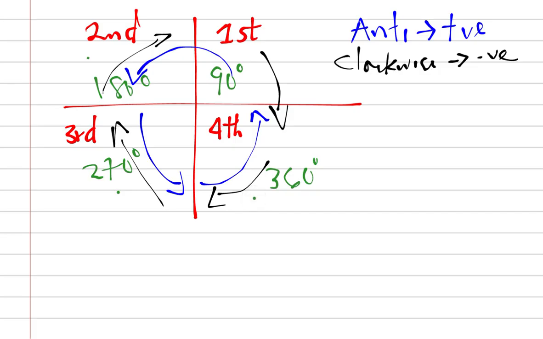Now, how many trigonometric functions do we have? We have 6 trigonometric functions.